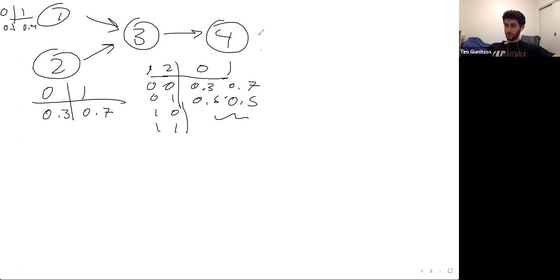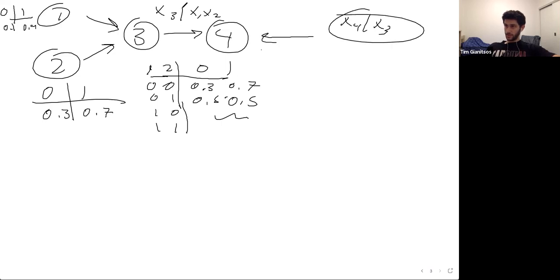This table, for example for 4, is always going to be x4 given x3. This table is going to be x3 given x1, x2. And then this is going to be just x1, and that's just going to be x2.